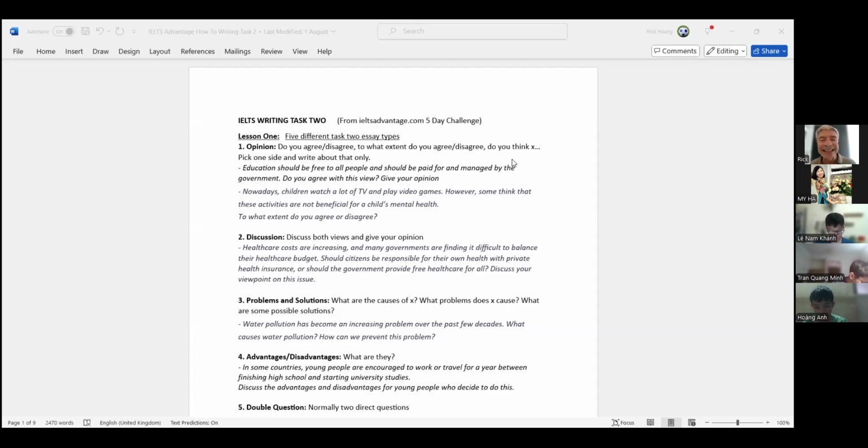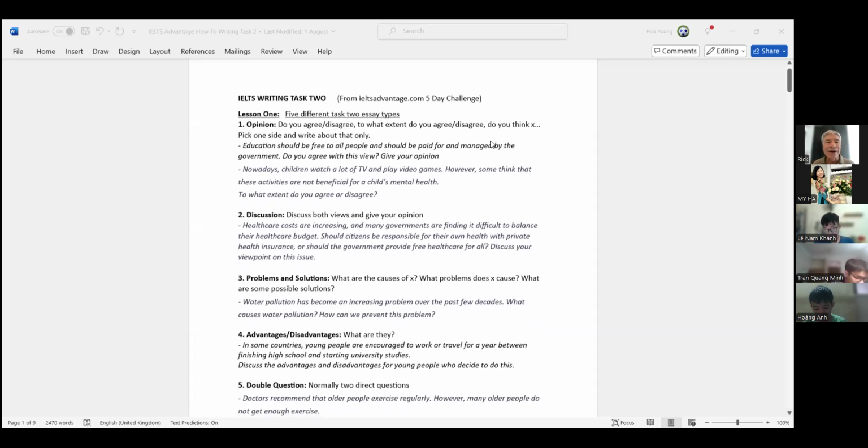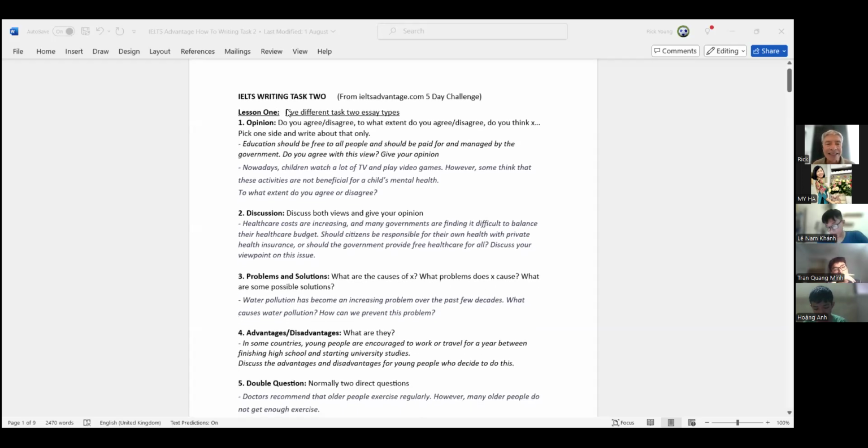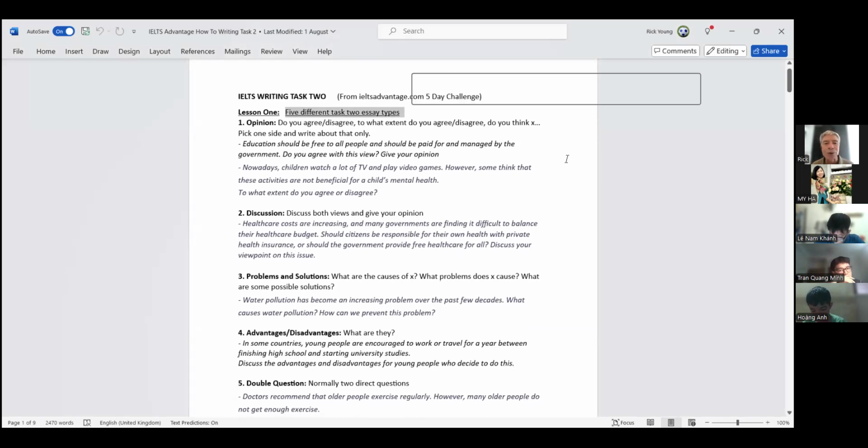As I mentioned at the start of the lesson, there are 5 different task 2 essay types. Number 1, these are in no particular order, by the way, but the first type is an opinion essay, and that asks you if you agree or disagree with something.